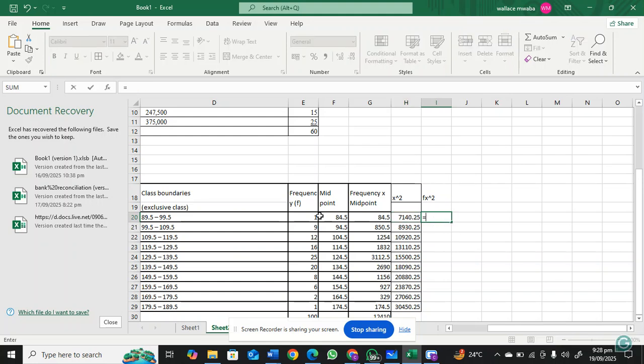You get the frequency here, 1 multiplied by 7,140.25. You get the same number. 9 multiplied by 8,930.25.